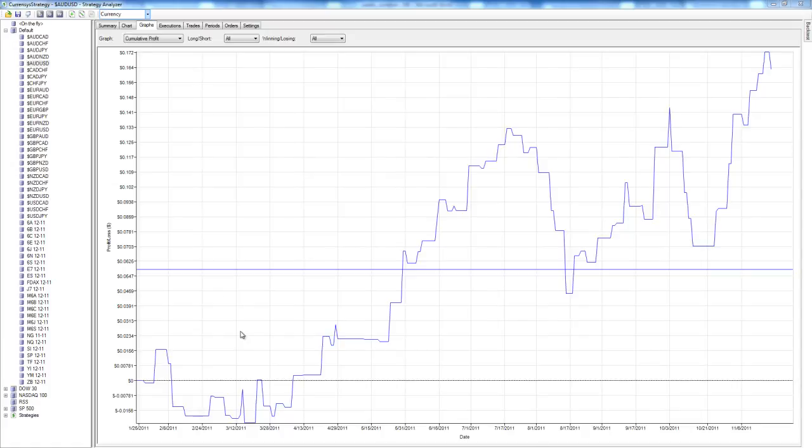And here is a cumulative profit, and nice trade, about 16%, starting at the beginning of the year. Had a small drawdown in through here, and it has continued up from there.